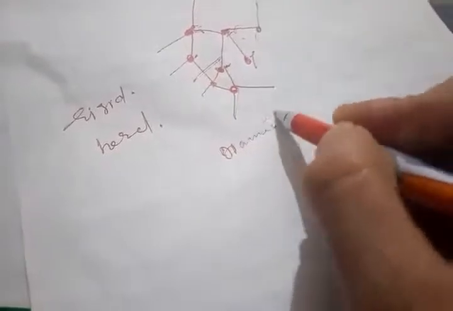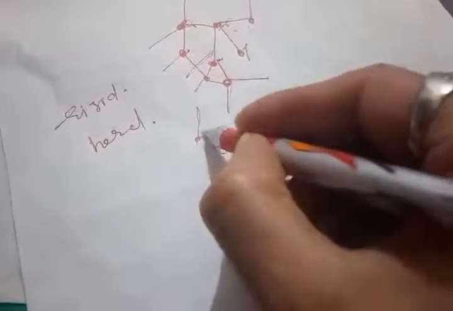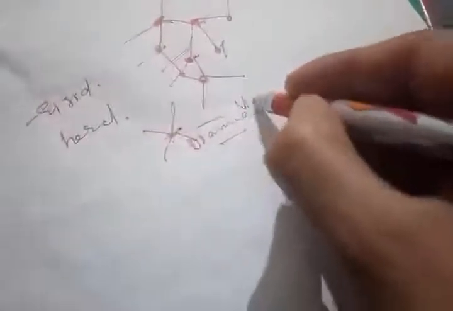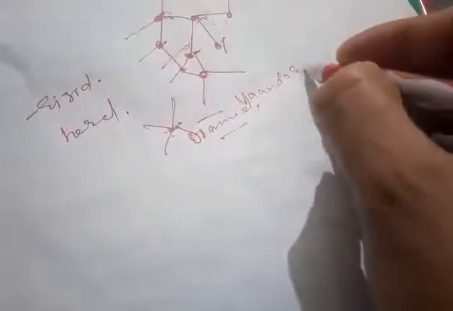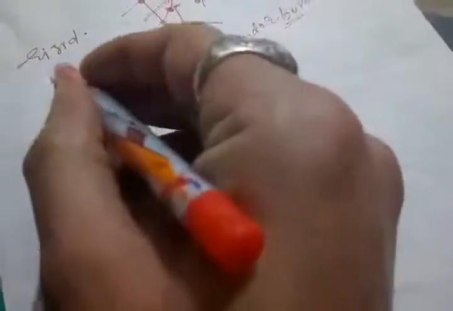Why is it so? Because each carbon atom is linked with the other four atoms through strong van der Waals forces. These forces are so strong that they give rigidity and hardness to the diamond atoms. So then the density of the diamond is also high. Here you have to understand, diamond is rigid, hard in structure, and its density is high.